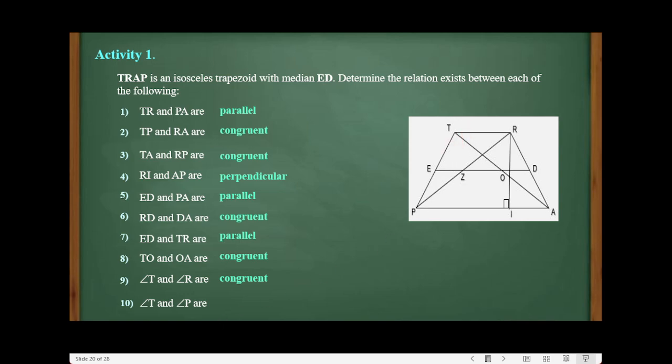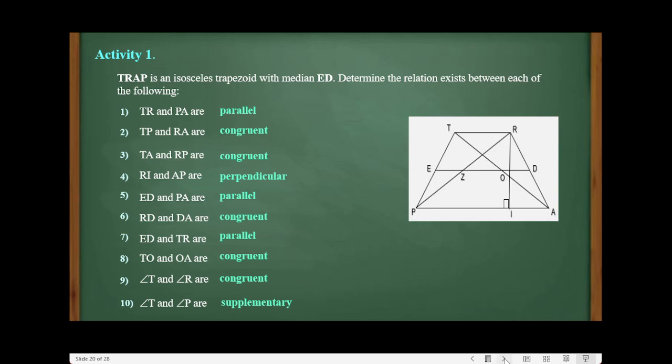Angle T and angle P. Now, they are two base angles from their respective bases. Okay? Obviously, they are not congruent, but they are what? Supplementary. Okay? You just simply recall the principles of parallelism, and you will find out the reason why the answer to this item is supplementary. Okay?